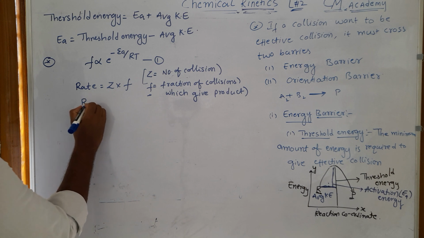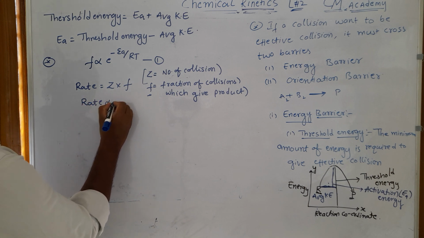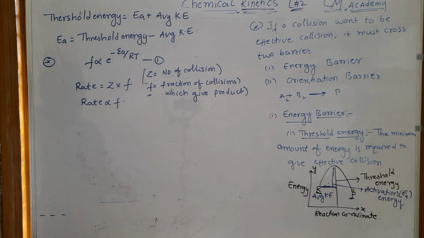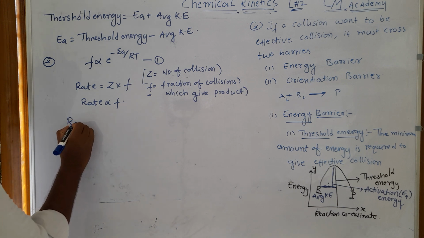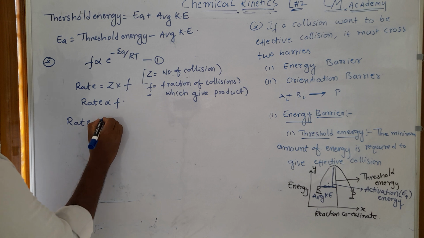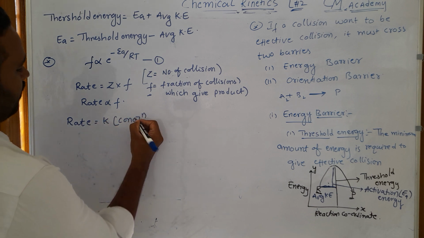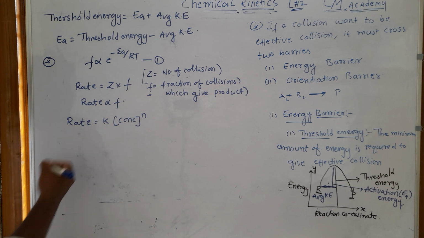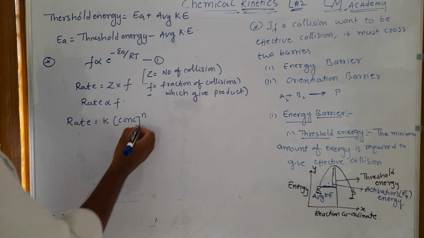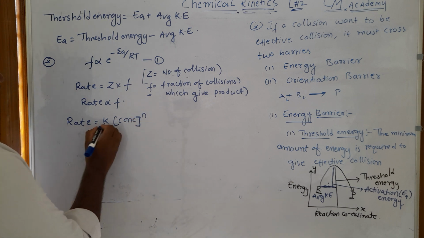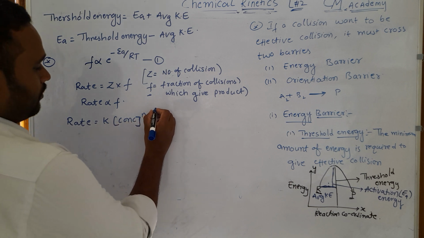So here rate is directly proportional to fraction of collision, and again we already know rate is equal to k into concentration to the power n. So this we will learn in the rate law or rate equation.